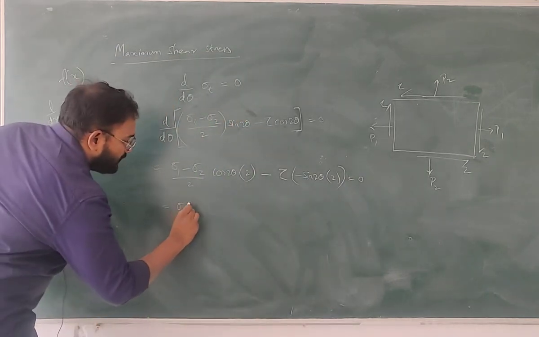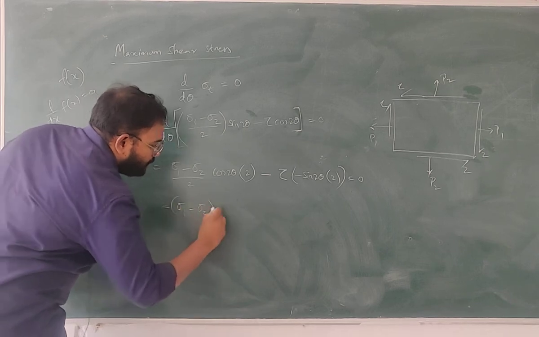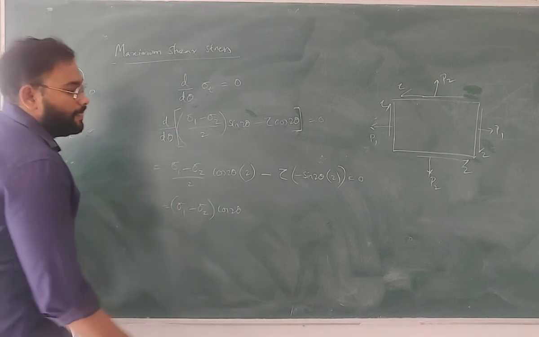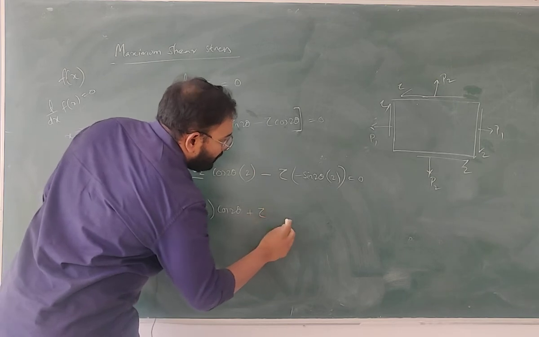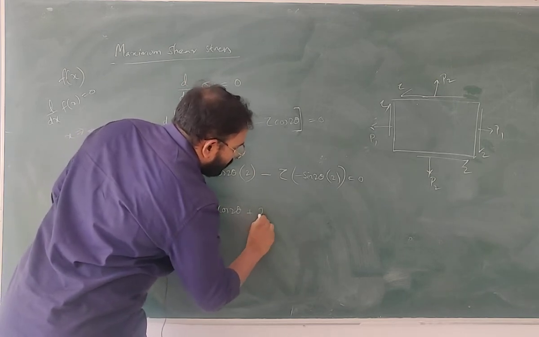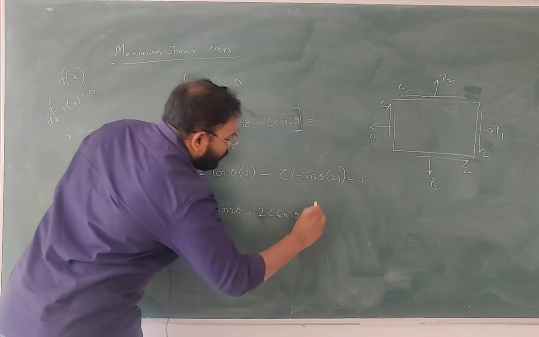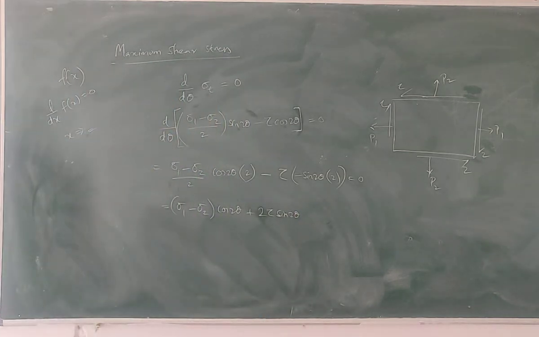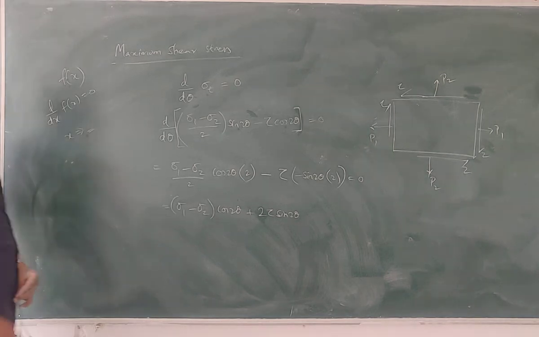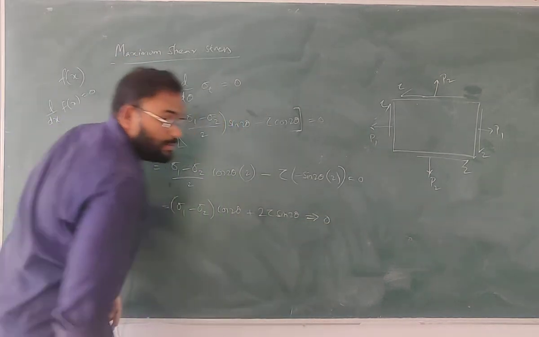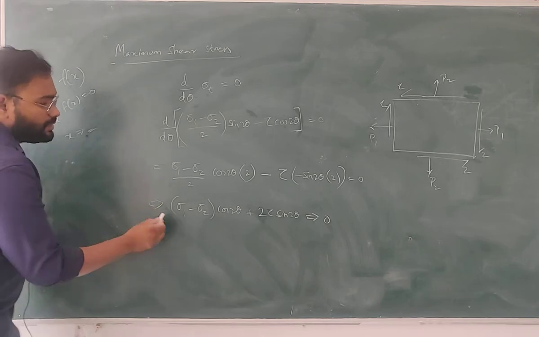So this will be sigma 1 minus sigma 2 into cos 2 theta plus 2 tau sin 2 theta, and this has to be equated to 0.